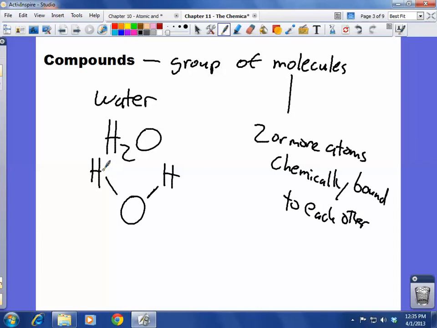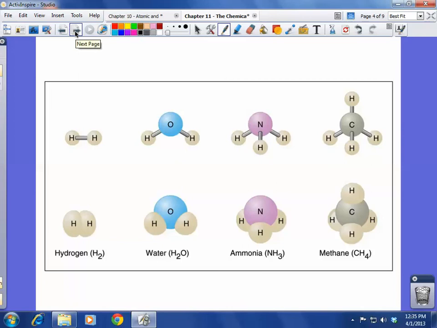Now, this is all well and good, but the truth is that there are an infinite number of molecules. And once again, we don't have to memorize every single molecule in this class. Because anything that has this bond between 2 or more atoms is a molecule. So we have water, which we just talked about.